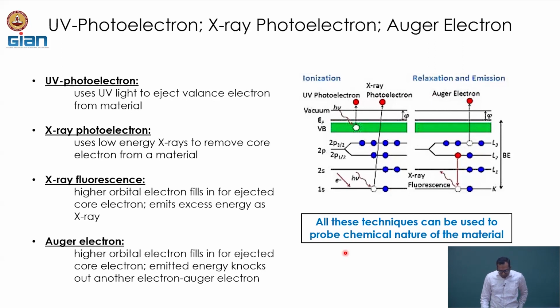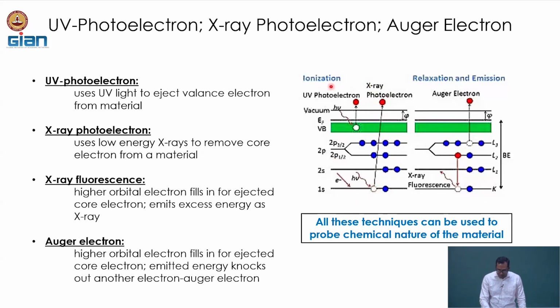Okay. Since we are talking about X-ray photoelectron, there are some analogous techniques which also give us the same type of information on the chemical nature of the material. So, let us look at those a little bit. In X-ray photoelectron, a beam of X-ray comes and kicks out one of the core electrons from the inner shell, and the photoelectron is generated.